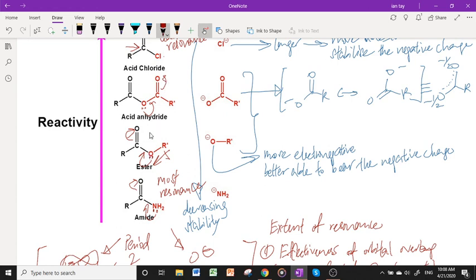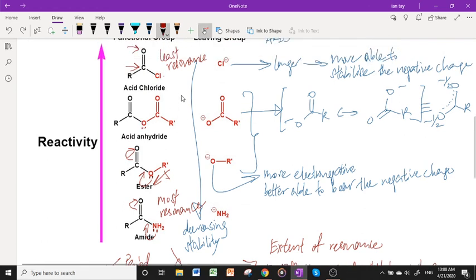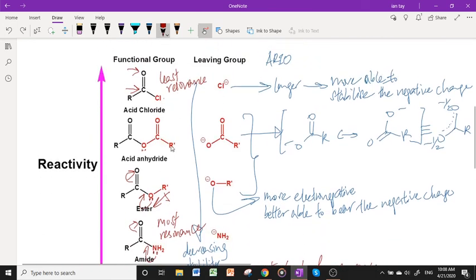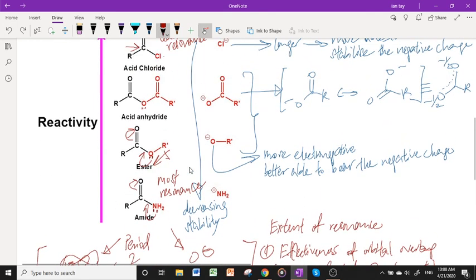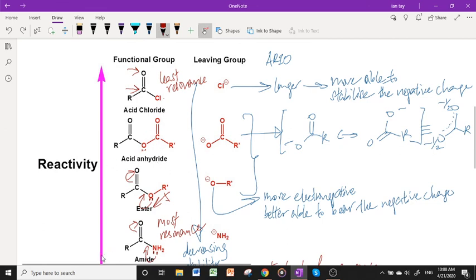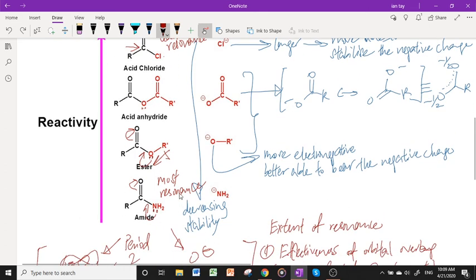You can delocalize into either of the C=O pi bonds, and so the extent of the resonance will be smaller. And so because acid chloride has the least resonance and amide has the most resonance, the reactivity increases in this direction, right? Where the least resonance of the acid chloride means that it is the most reactive, or the most resonance in the amide means it is the most stable and the least reactive.